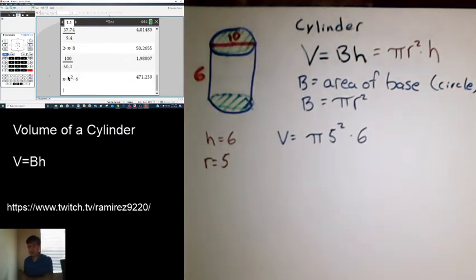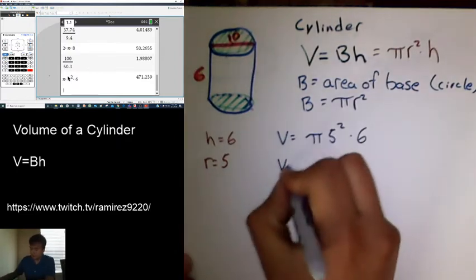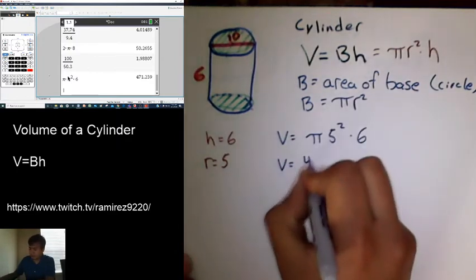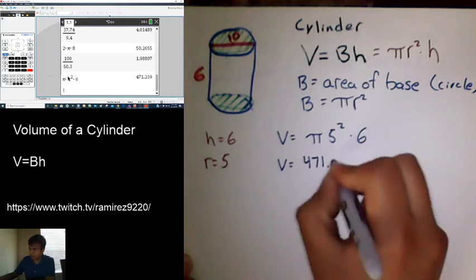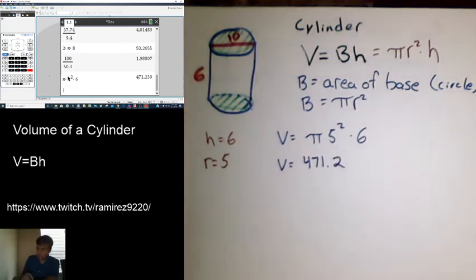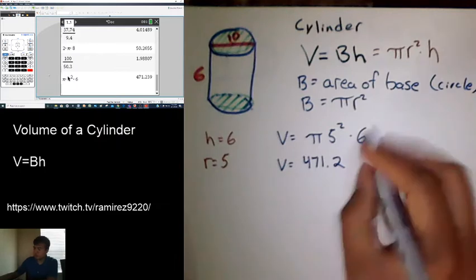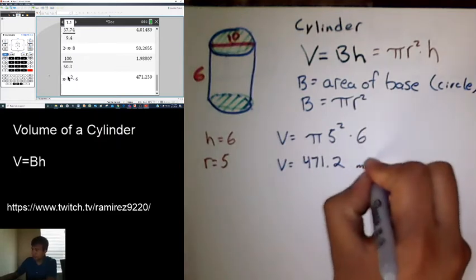And so the volume of this cylinder is 471.2 units cubed, whatever they be. Let's say the units were millimeters, so this would be millimeters cubed.